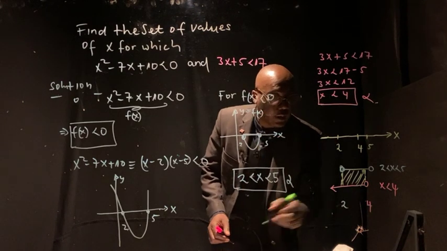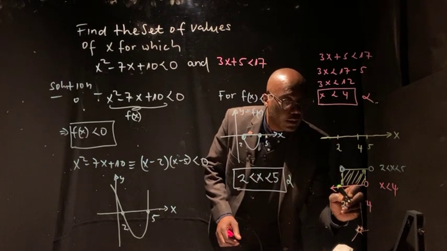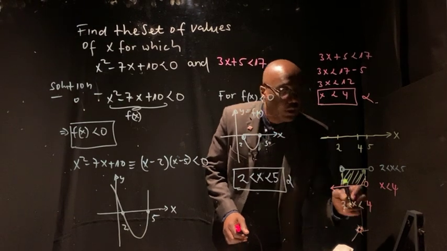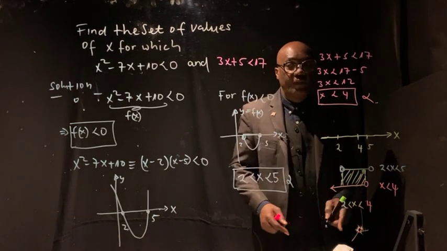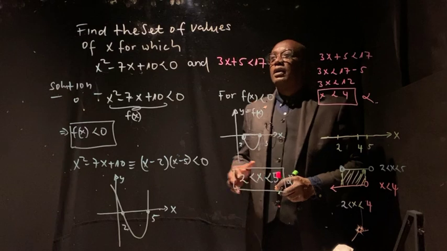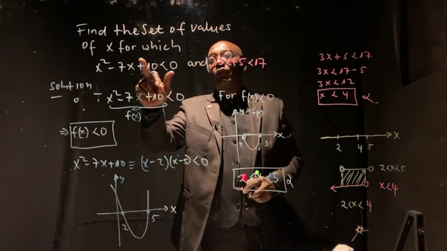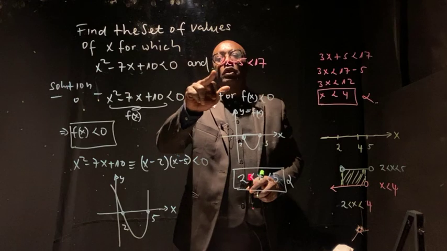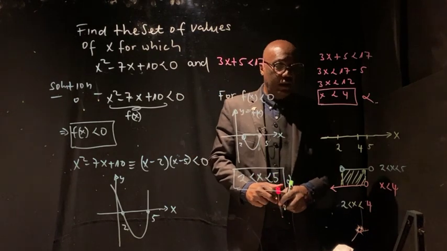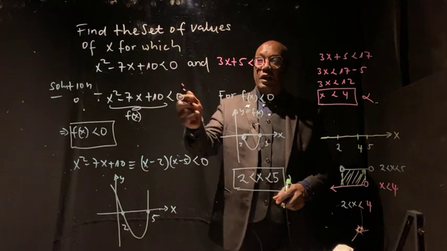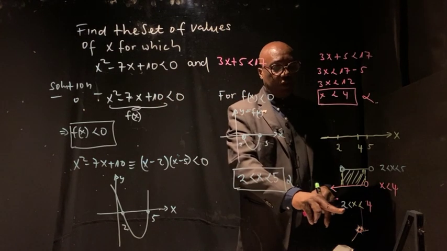Which indicates that 2 is less than x is less than 4. This is the overlapping region. The overlapping region gives these sets of values of x for which these two inequalities are valid. Therefore, these two inequalities are valid within this region.